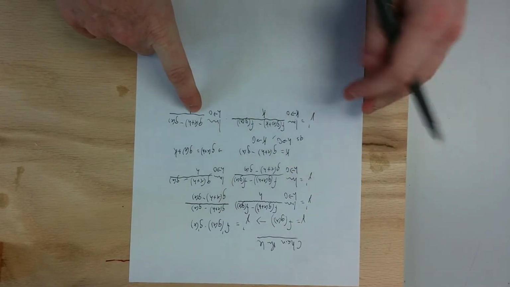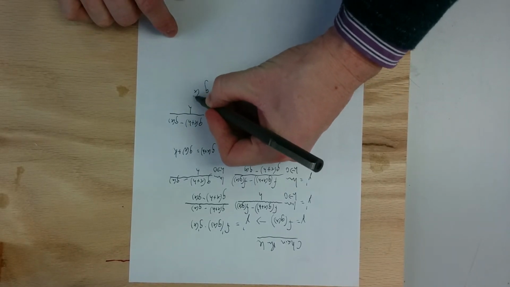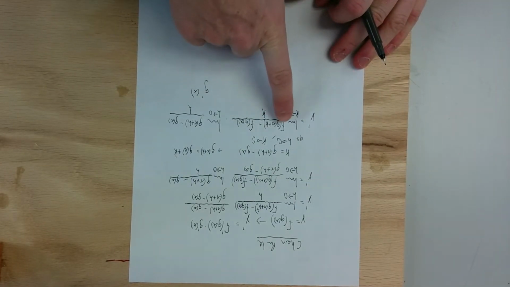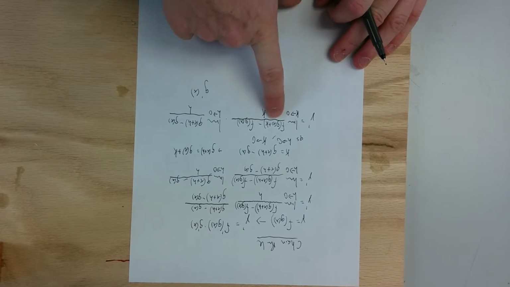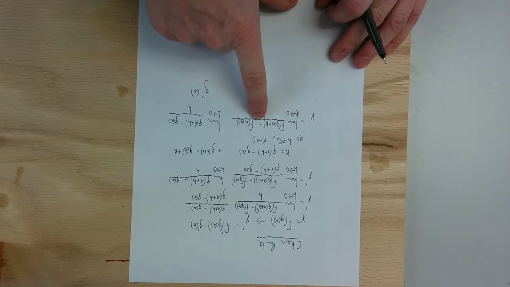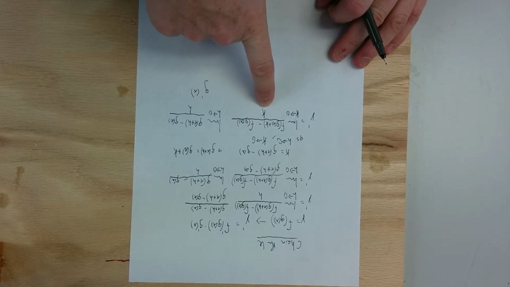The limit of g of x plus h minus g of x over h, that's g prime of x. That's our limit definition. Now, in this one right here, the limit as k goes to 0 of f of g of x plus k minus f of g of x over k, if we think about g of x being the independent variable of f, then what we have here is basically the same as f of a plus k minus f of a over k.